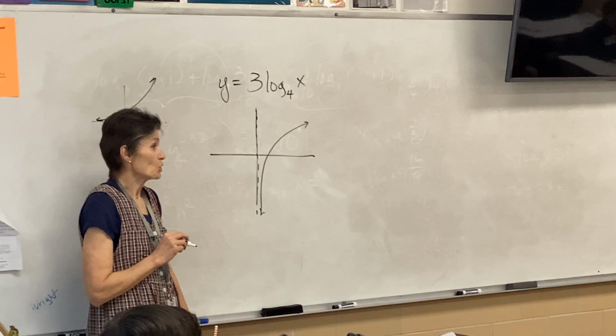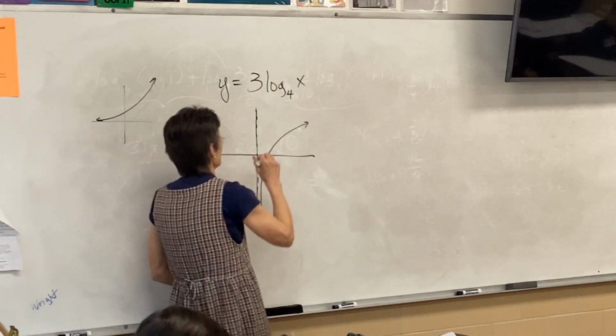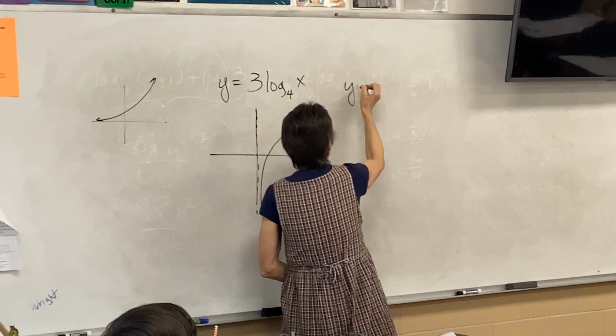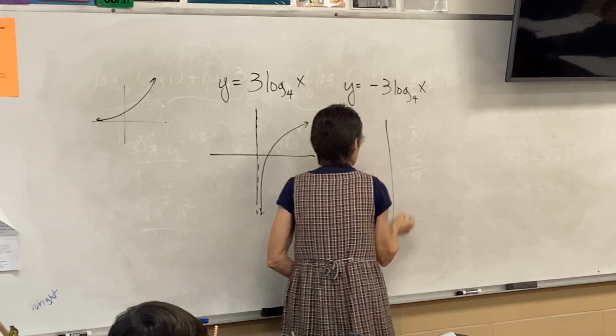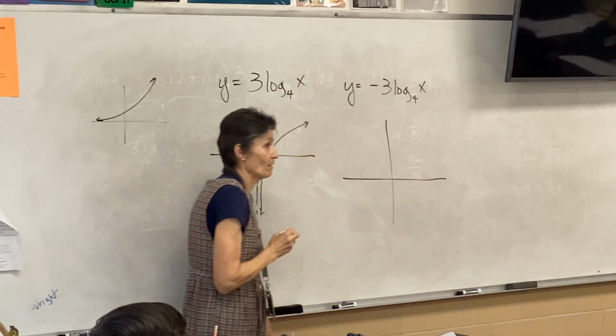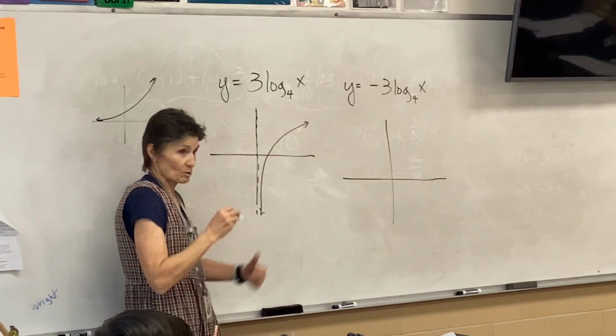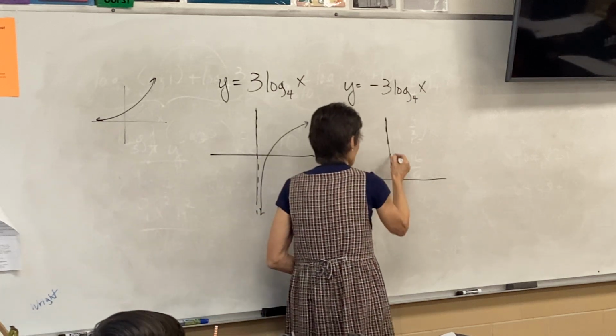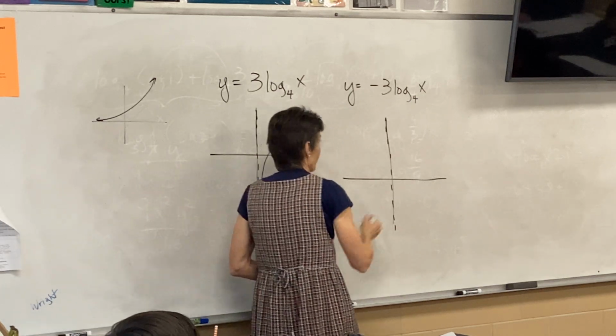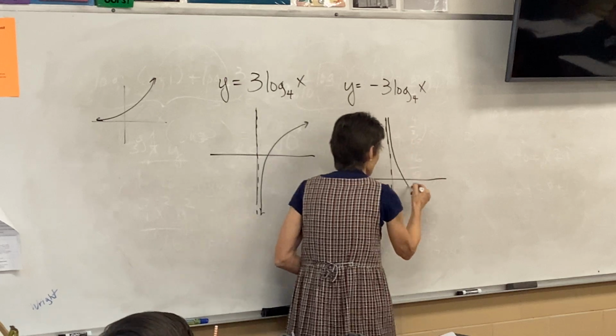Now, we can change that. What happens if we put a negative out in front? So what if we did negative 3 log base 4 of x? What does putting a negative out in front do? Does what it always does. It turns it upside down. So we still have the asymptote, but now it's coming down like this.